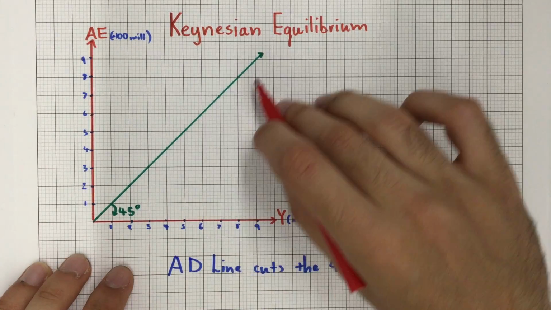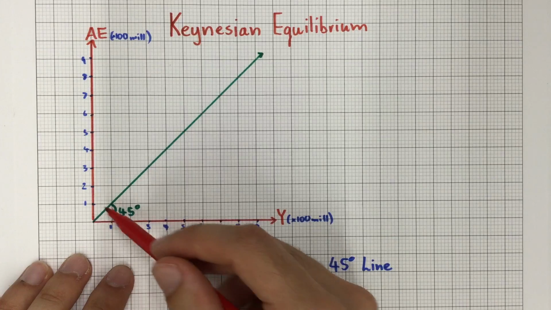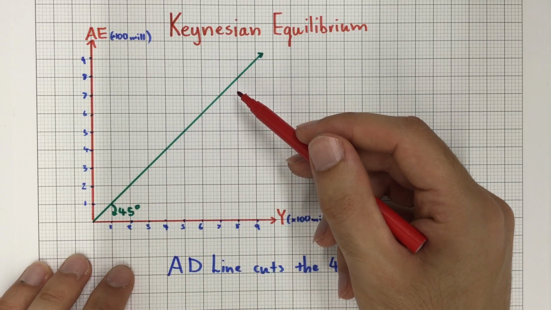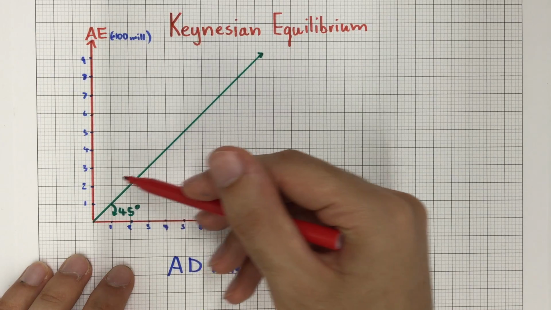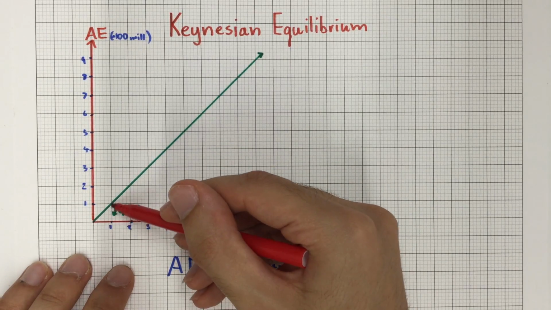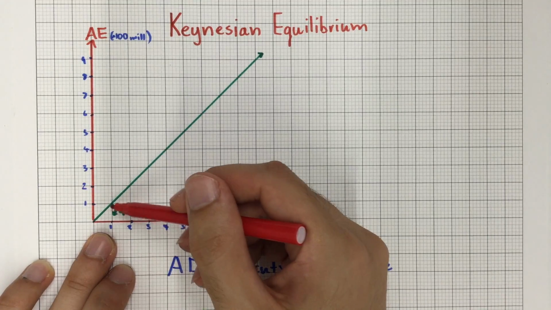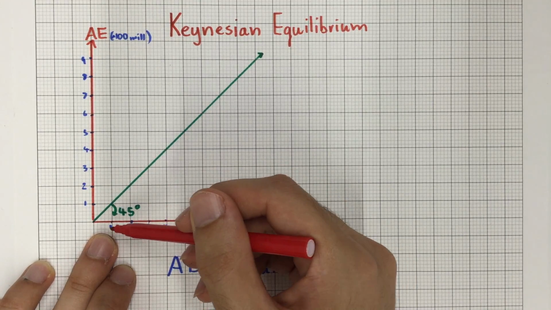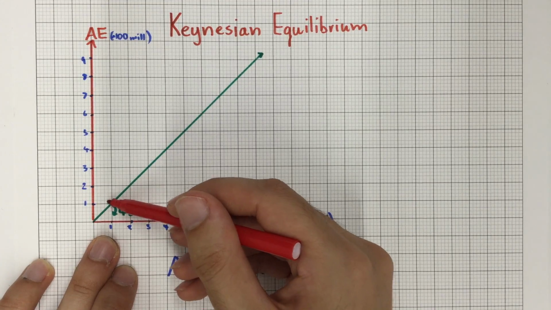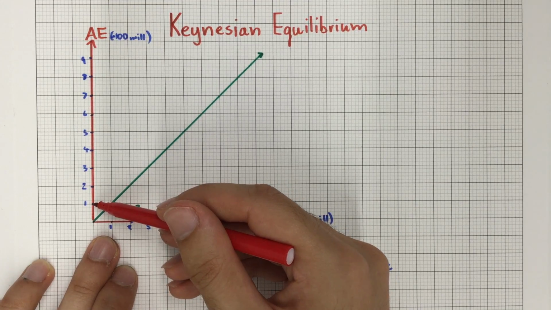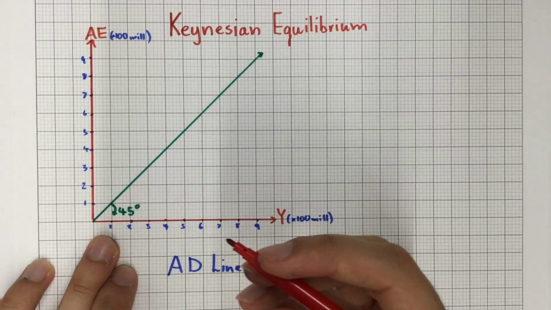Here's our 45-degree line. Now notice at all these points on the 45-degree line that our income is equal to our aggregate expenditure. So here, if we have a look at our scale, at this point here, our total income or aggregate income is 100 million, and the corresponding point is also 100 million of aggregate expenditure.